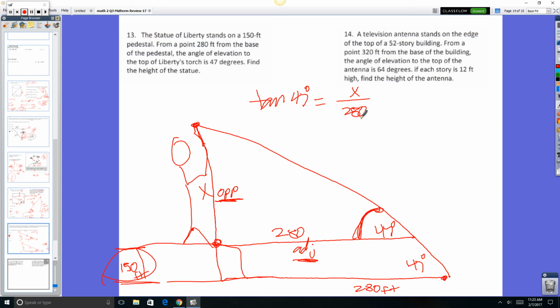Undo the division, times this side by 280. This is what you're going to type in your calculator: 280 times tangent of 47. And that should be pretty close to 300 feet tall. 300.26 feet tall.